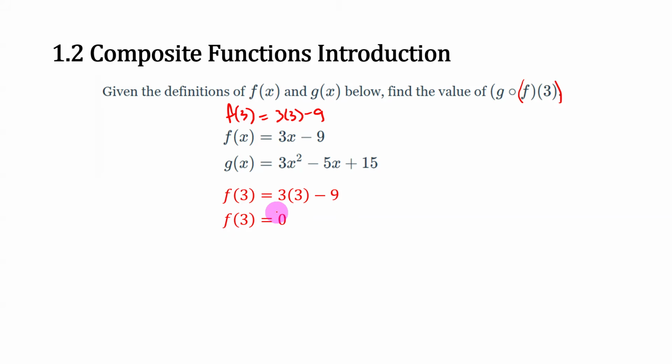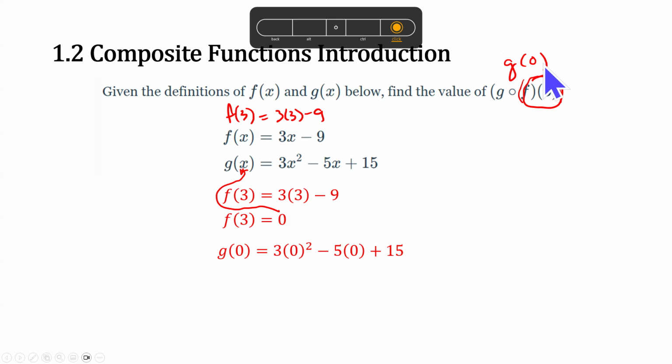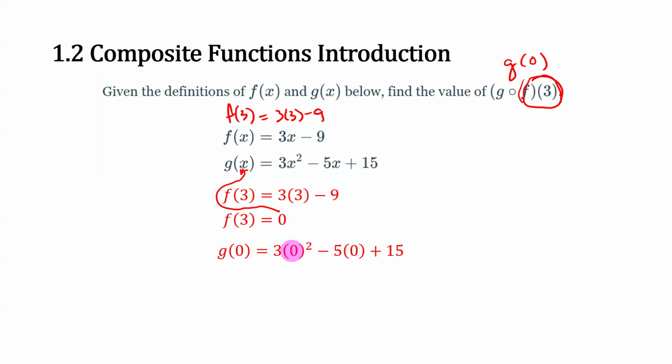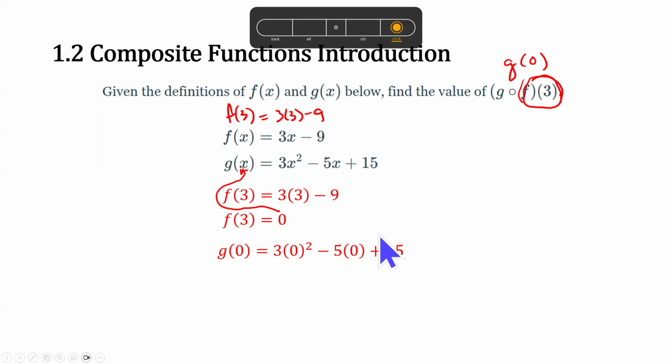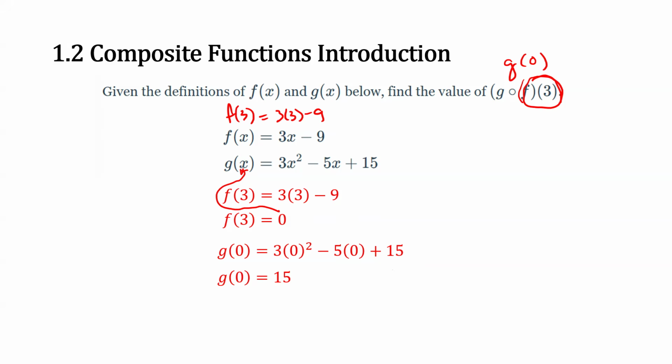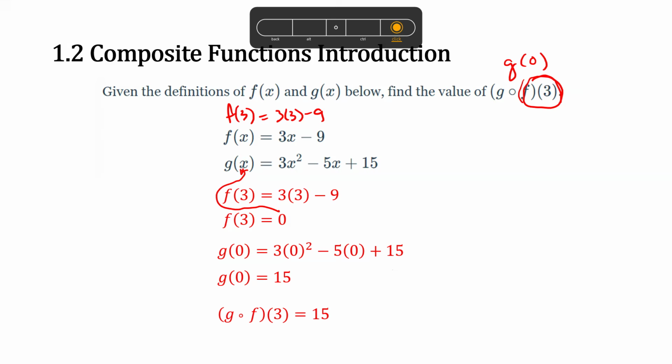Now what we're going to do with that is do g of that. So this is 0, so we're doing g of 0. The nice thing is 3 times 0 squared is 0, minus 5 times 0 is 0, plus 15 is just 15. And there we go, that's it. g of f of 3 is 15.